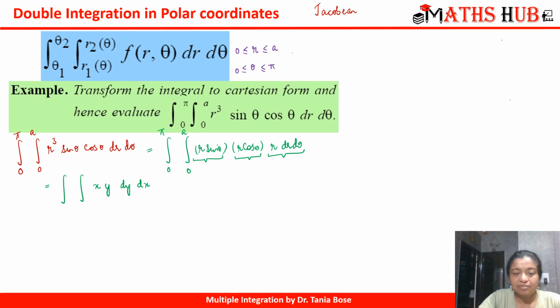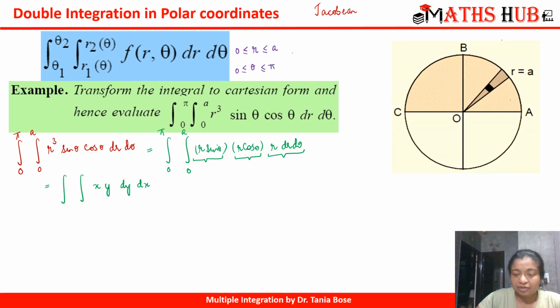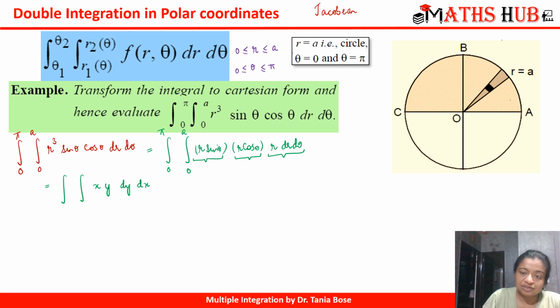If I plot this, this is the circle with radius a, and theta goes from 0 to pi, so it is just this orange shaded portion, right? We are not considering the entire circle because theta is not ranging from 0 to 2 pi, but from 0 to pi. So once the ranges of r and theta are fixed, now let us try to convert this into Cartesian system.